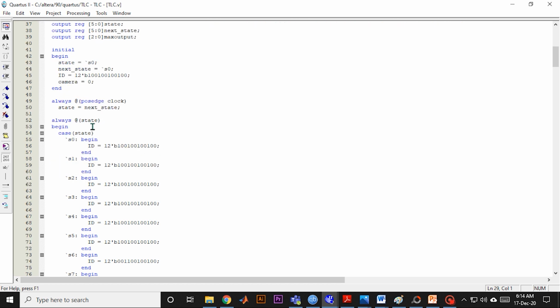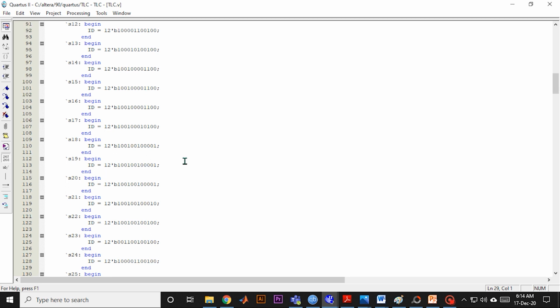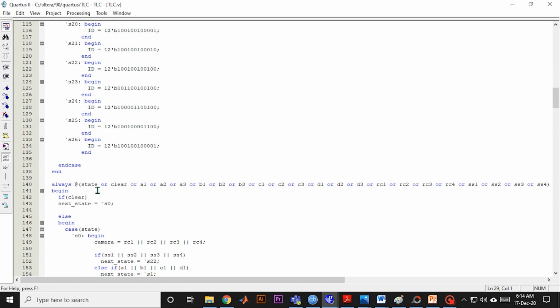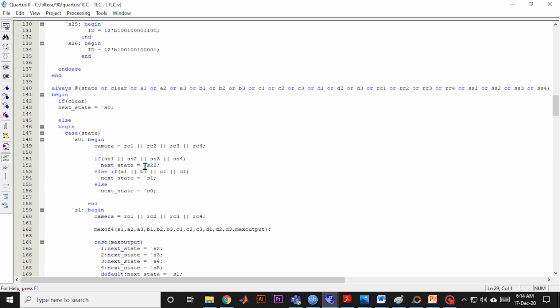The next always block occurs whenever the state value changes, and here we are defining the ID value depending on the state. The last always block occurs whenever any of these variables or any of these sensors change. Mainly in this always block, what will happen in each state is defined.